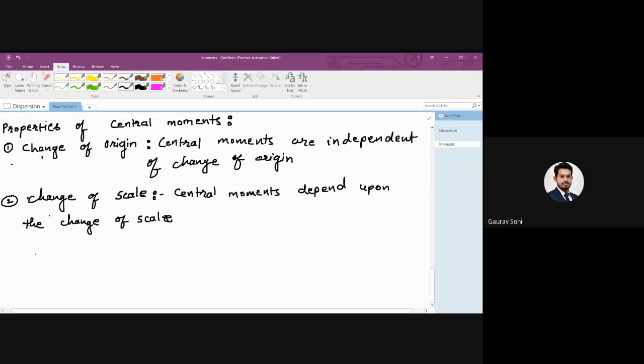Say the variable x is given to us, and I define u as x minus a divided by h. So the scaling coefficient is h, and using this u, mu r of x is equal to h raised to r into mu r of u.